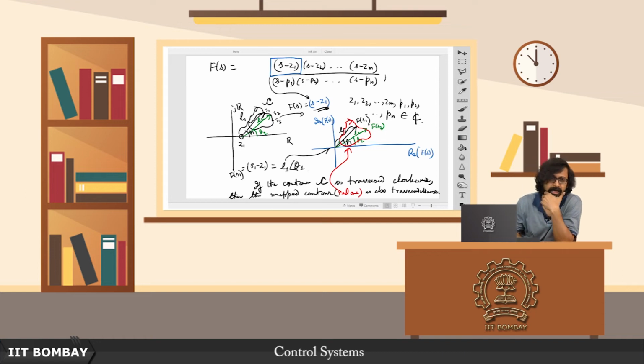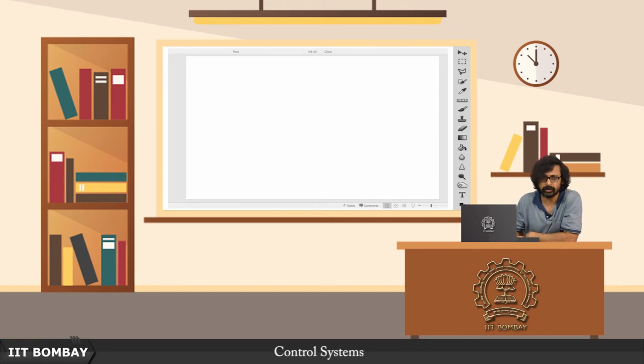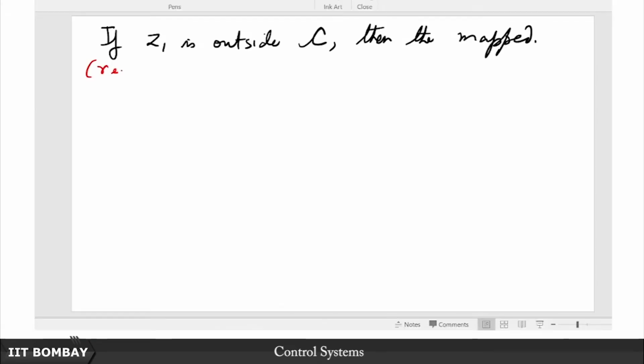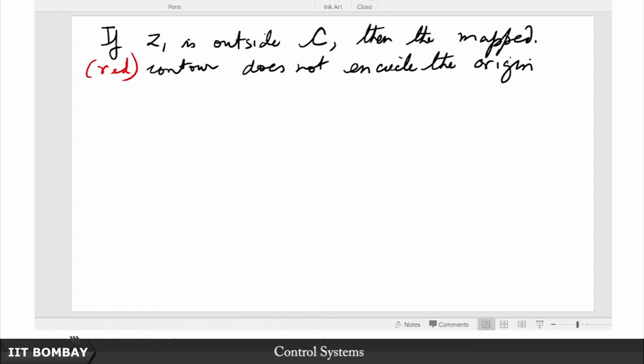So the point to be taken home, and this is the more important point I would say, is that if Z1 is outside C, then the mapped, of course, red contour does not encircle the origin of the Fs plane.